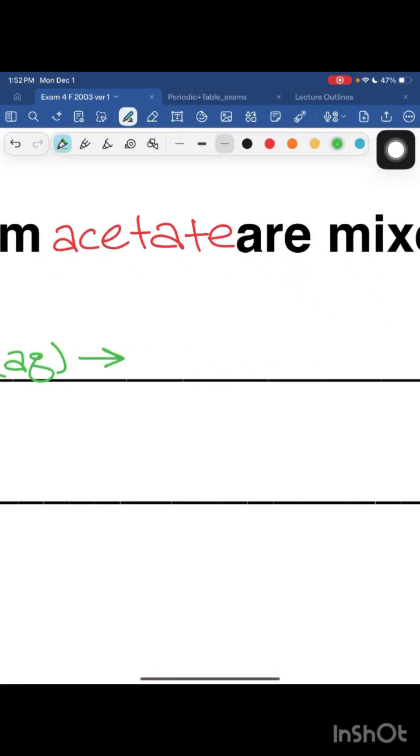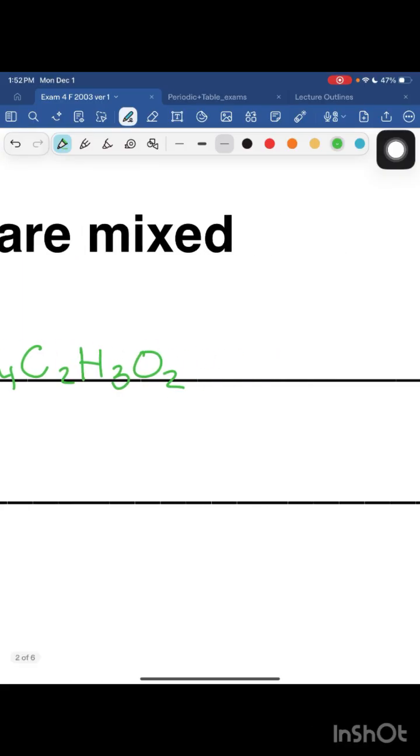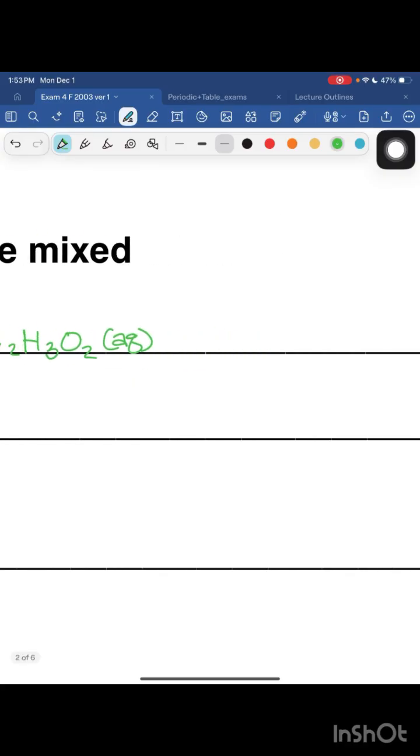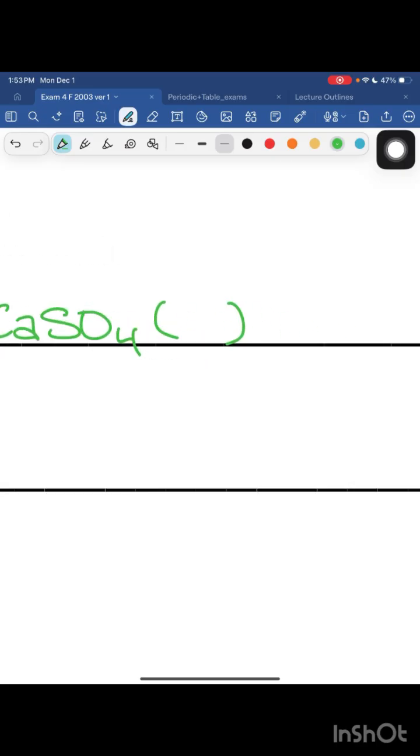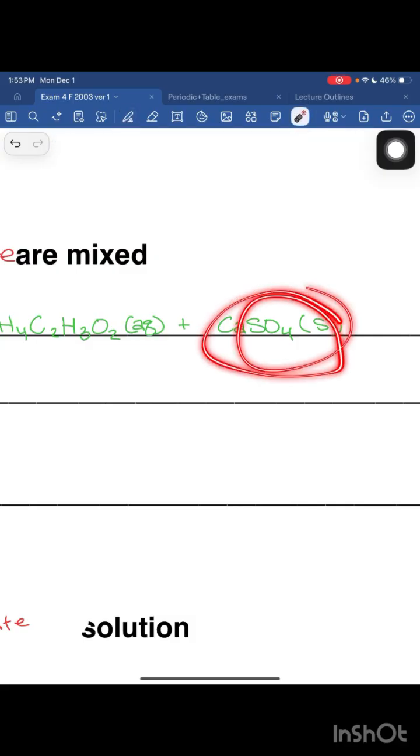So we have NH4C2H3O2 aqueous, because we said both of those are always aqueous, plus calcium sulfate. As we talked about before, calcium sulfate is insoluble in water. So, because of this, we've got a reaction.